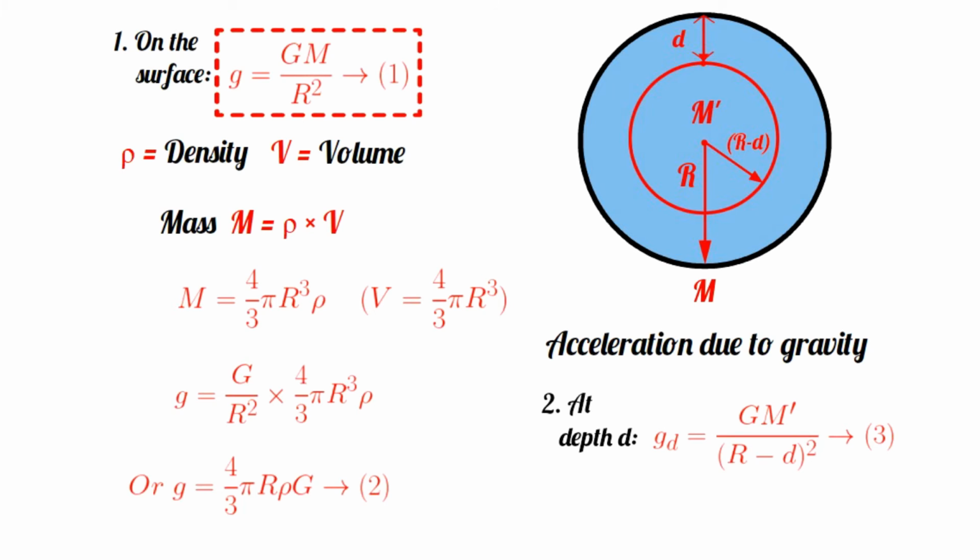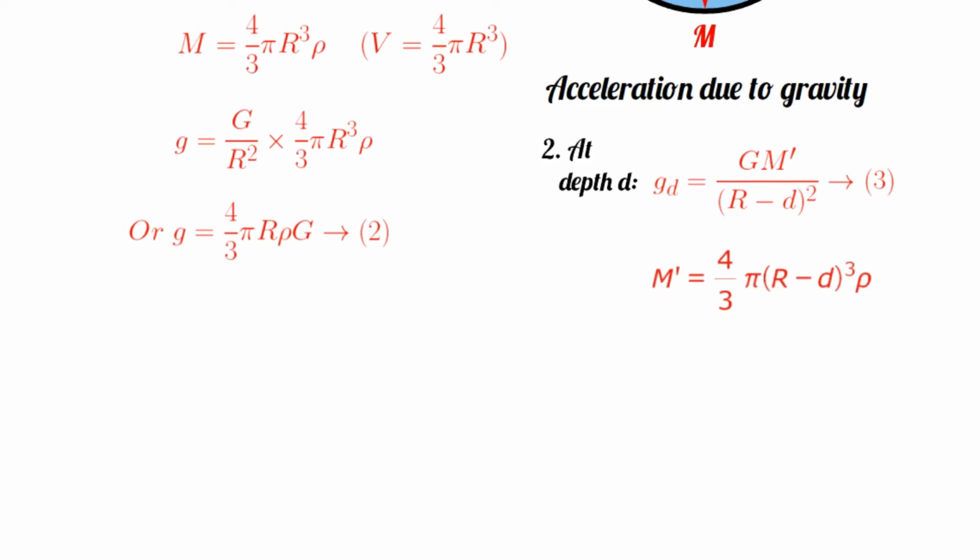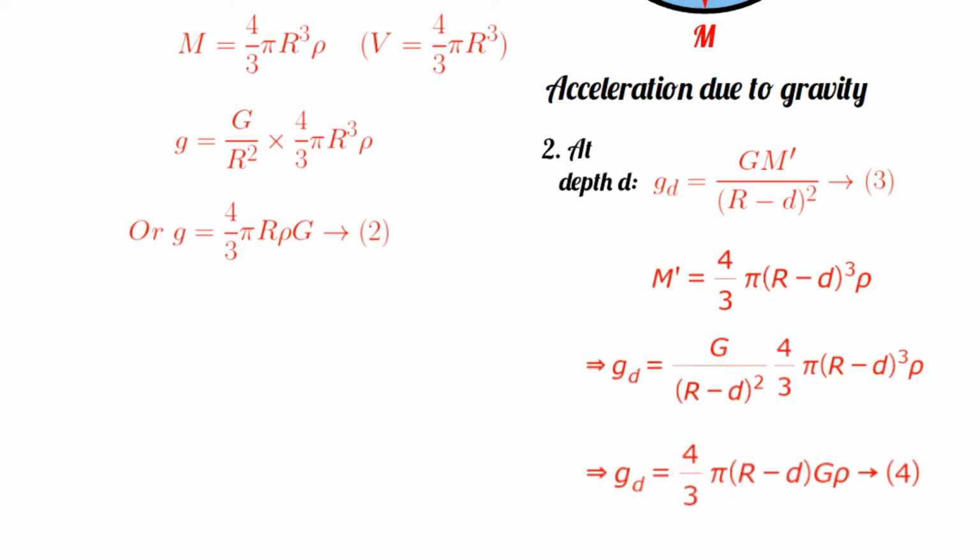But M prime is equal to 4 by 3 pi into (r minus d) whole cube into ρ. Substituting the value of M prime in equation number 3, and after solving we get gd is equal to 4 by 3 pi into (r minus d) into G ρ.